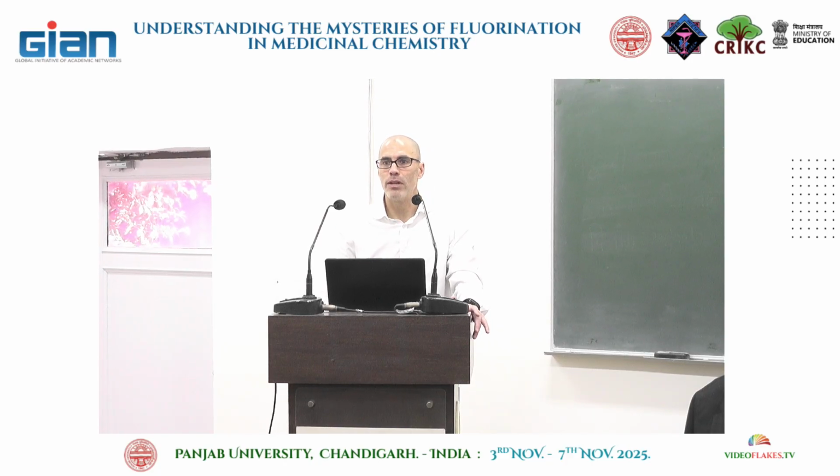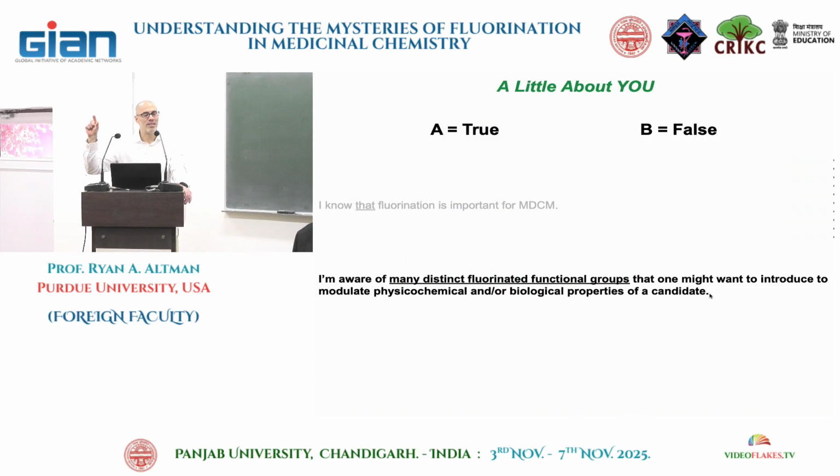Who knows about all the different types of fluorinated functional groups that are out there? You've seen an aryl F bond. You've seen an aryl CF3 bond. What are some of the other substructures you're aware of? But the types of substructures themselves, how many do you know beyond CF3 and F?